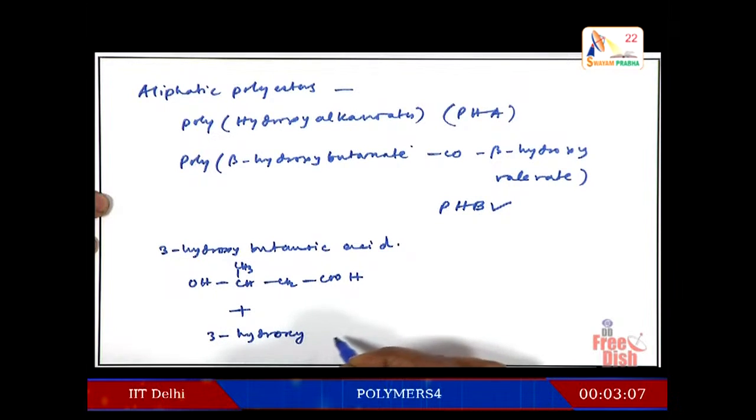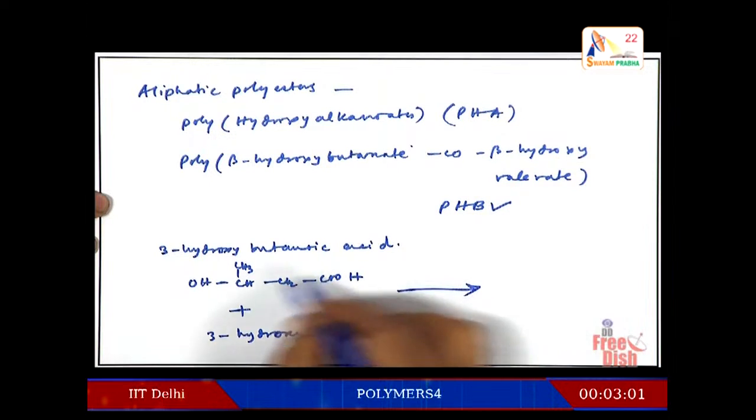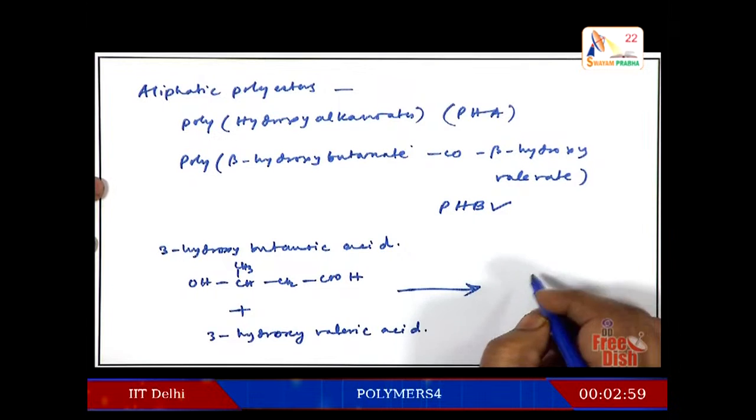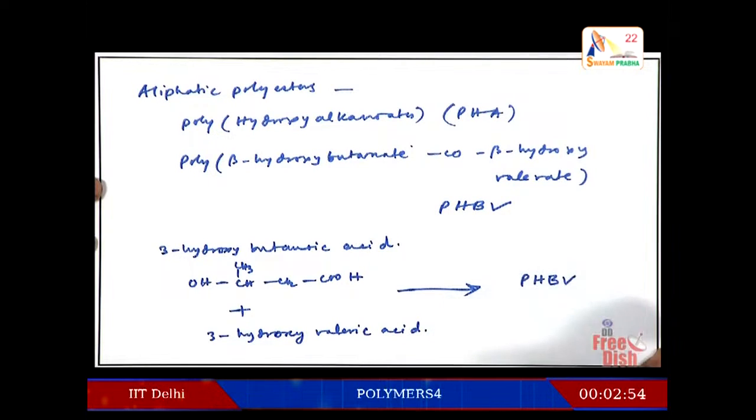Because I have to finish in a minute, this gives you a copolyester, which in short we write as PHBV. You can write the structure yourself.